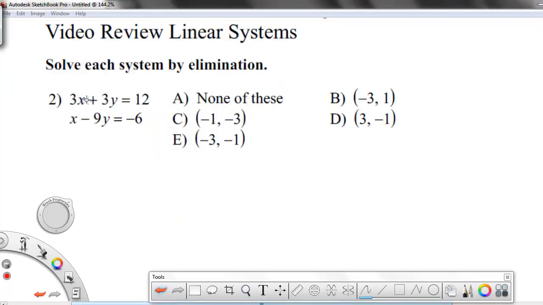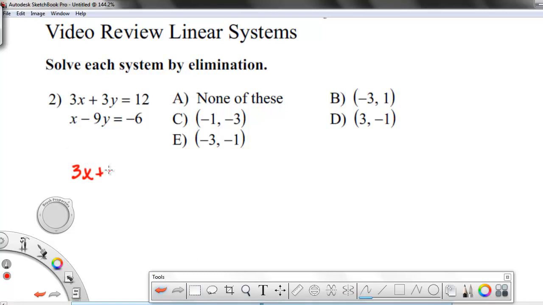Okay, the next equation is the same idea. We look at the 3y and the negative 9y. That's the easiest one to do the additive inverse in, so we have to fix that. That 3y needs to be changed to a 9y. So if I take a 9y, add a negative 9y, I get 0.